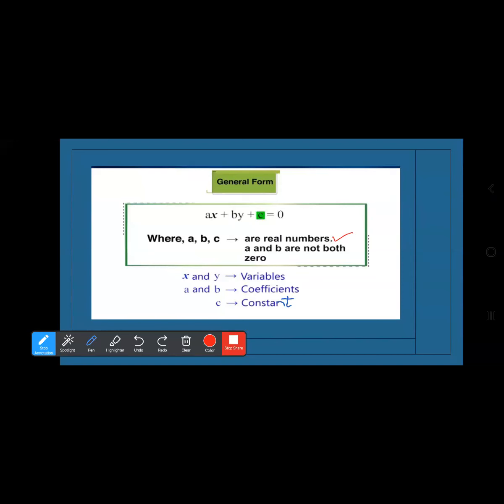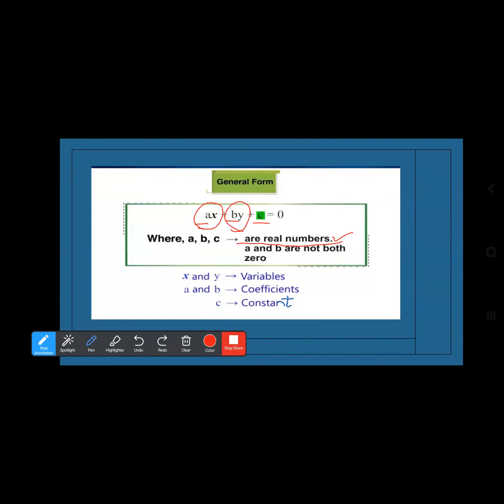So the value of a, b and c are all real numbers. A and b are not both 0. That means the value of a and the value of b should not be 0. I will explain why it should not be 0.